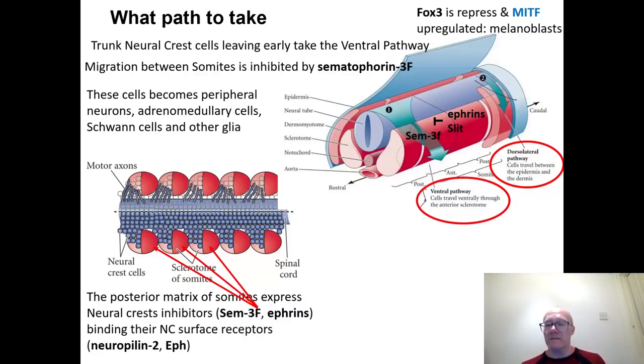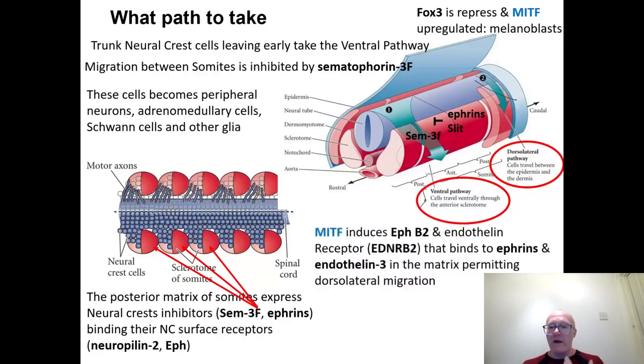So one of the things that MITF does is to induce a pathway in the cells to produce pigments. Another thing that it does is induce the expression of ephrin B2 and endothelin receptor, which bind to ephrin and endothelin 3, and this binding allows the neural crest cells to migrate in this pathway.